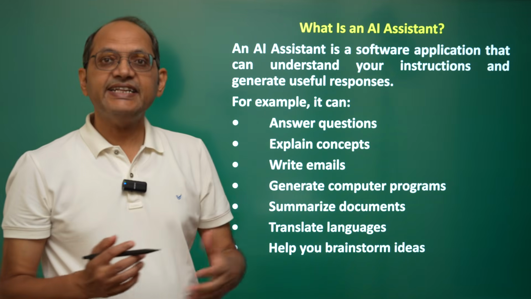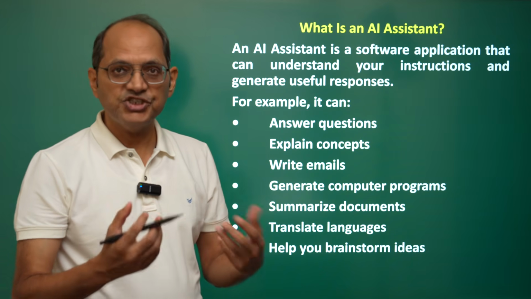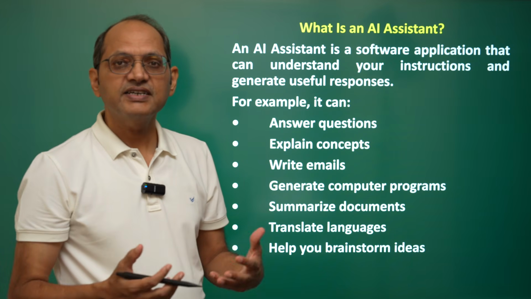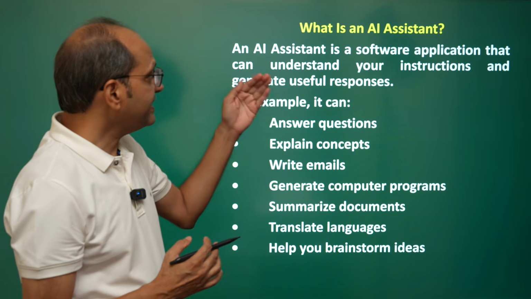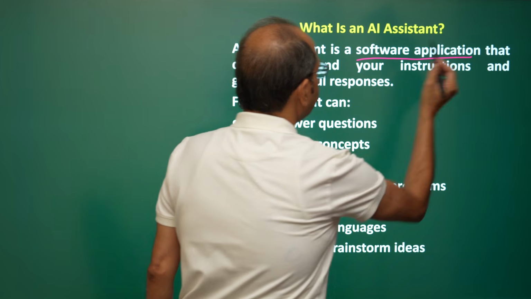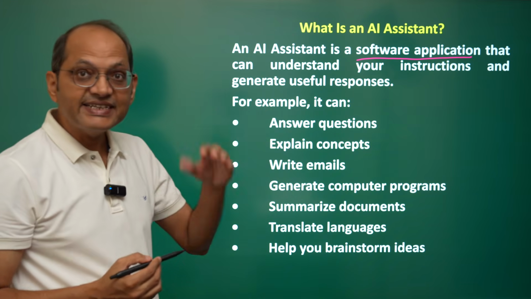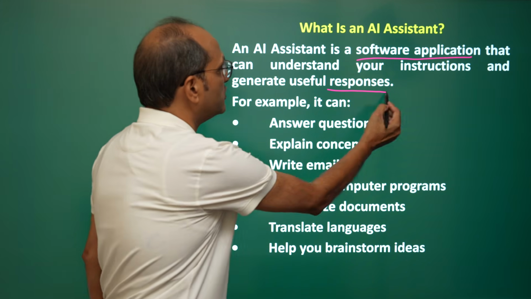Now, what basically is an AI assistant? ChatGPT, Gemini, Grok, these are AI assistants. An AI assistant is a software application that can understand your instructions and generate useful responses.